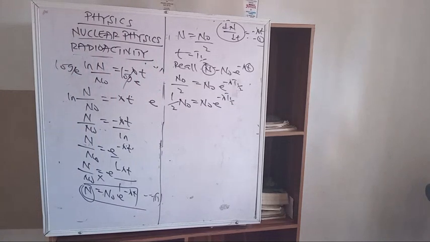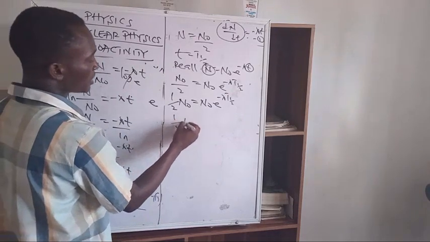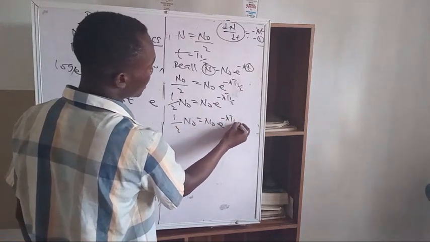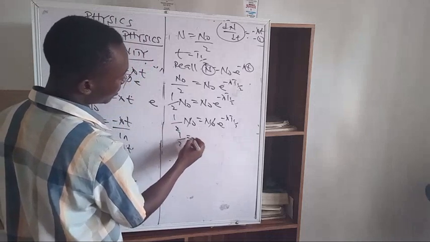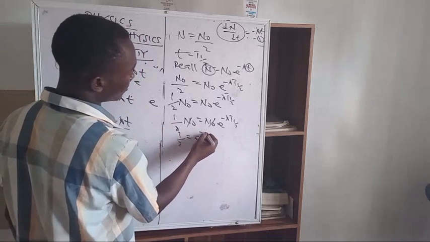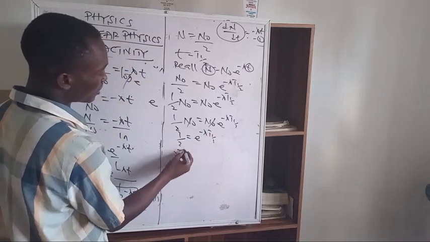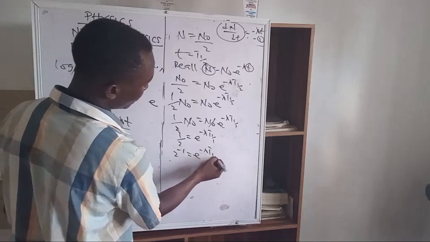The N naught cancels with N naught, so I have 1/2 equal to e to the power minus lambda t half.